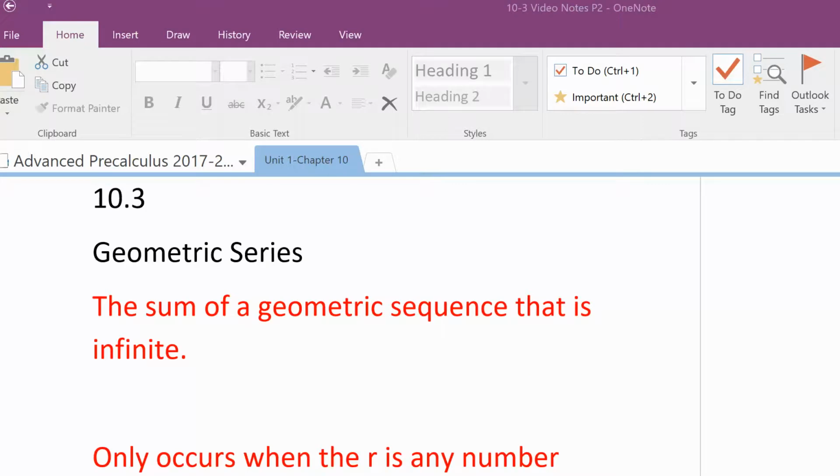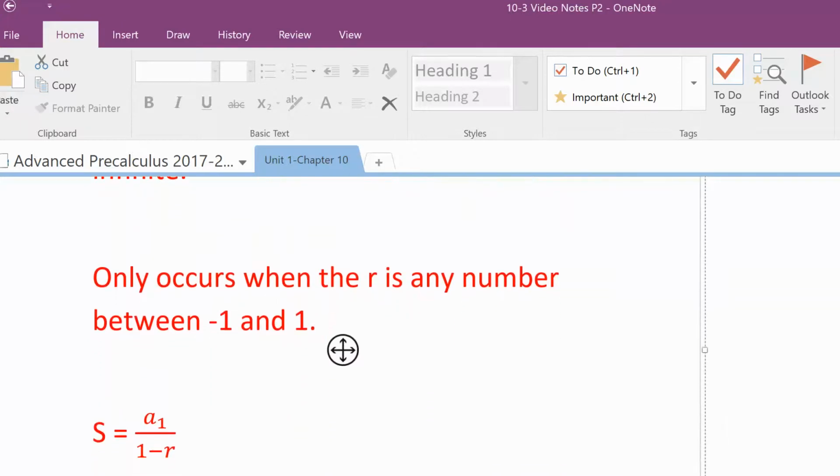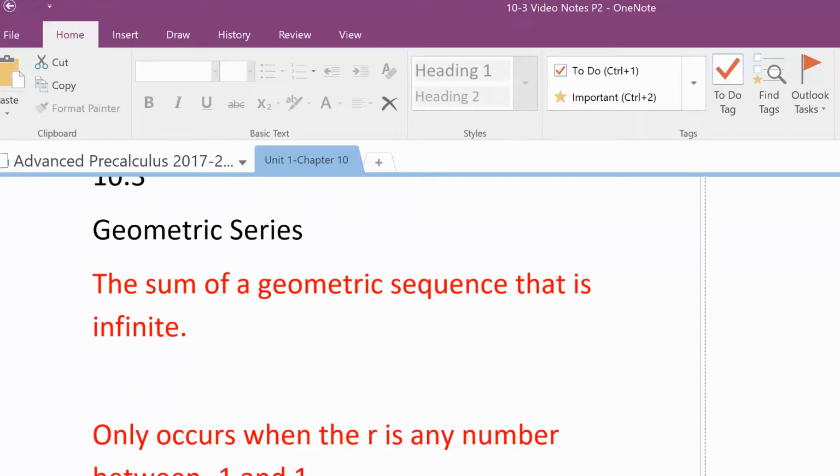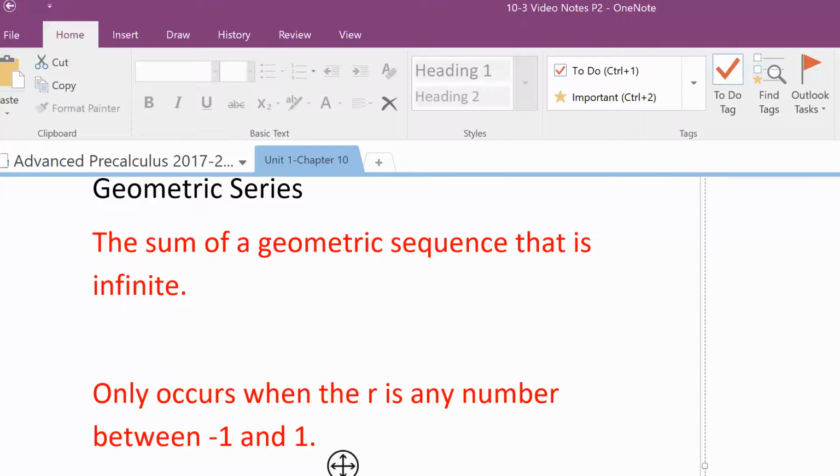Now, we talked about the fact that you would need a finite amount of terms to find the sum of a geometric sequence. The only exception to that is basically if the ratio of that geometric sequence is between -1 and 1. Because if that happens, when you keep adding terms, it doesn't affect the sum.